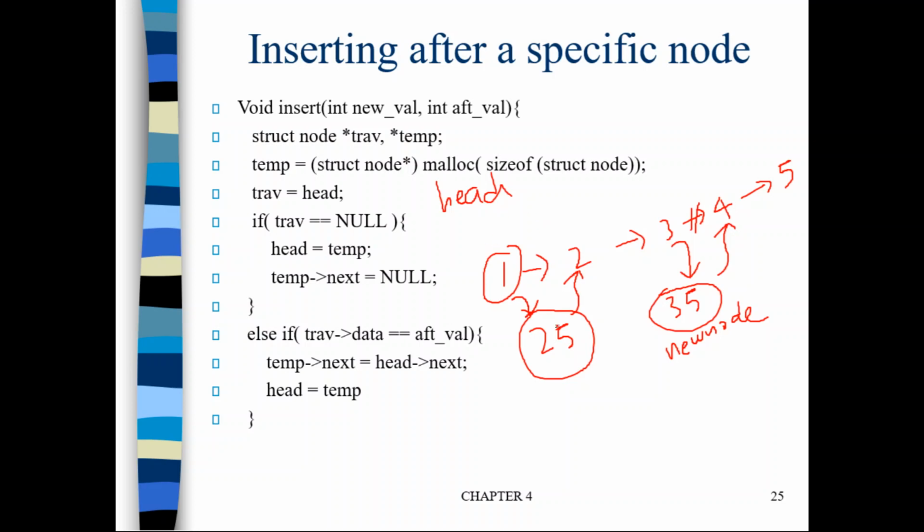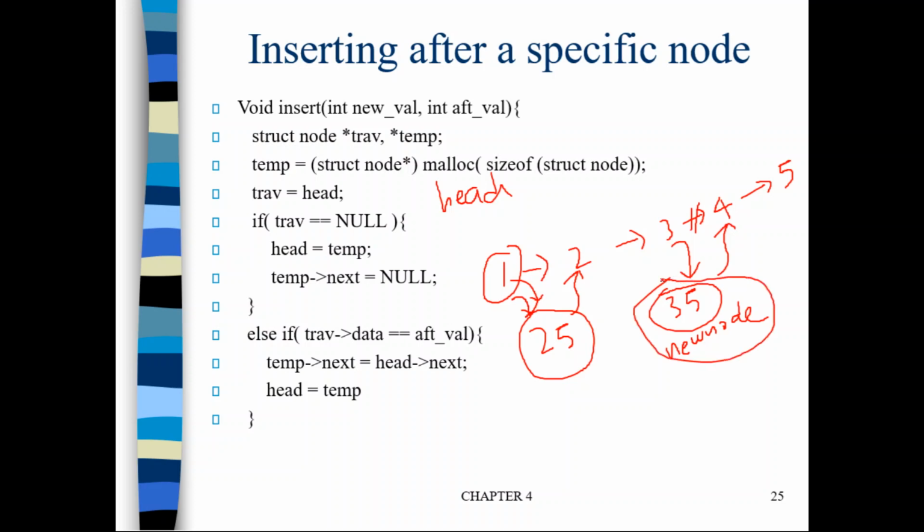Wherever the first node's next is pointing, there the new node's next should point. And the head node's next should point to the new node, because head refers to the first node. So this logic is slightly different from the earlier logic.